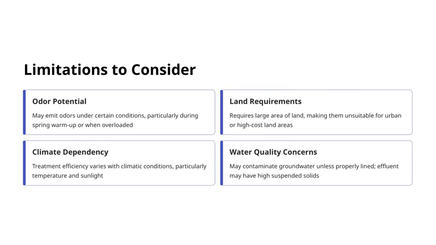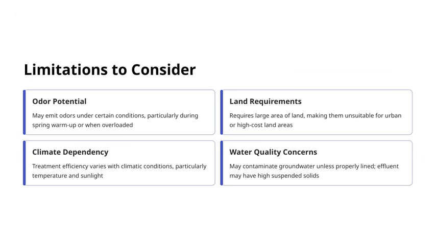Then, there's the issue of climate dependency. The efficiency of treatment can vary quite a bit depending on the climate. Temperature and sunlight play crucial roles, so in colder or less sunny regions, performance might drop. Finally, water quality concerns are also important. If the system isn't properly lined, there's a risk of contaminating groundwater.